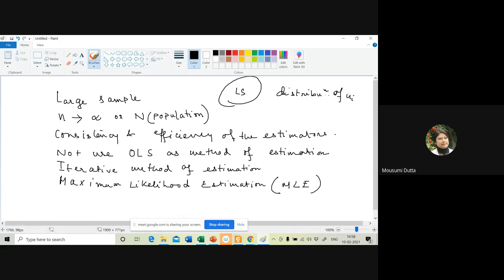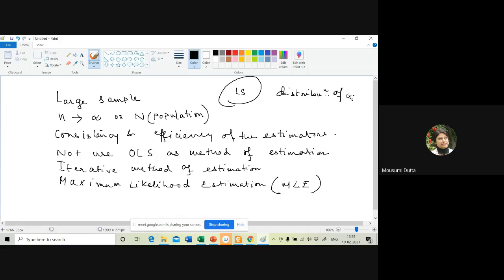So the most important point in this case is, to begin with, we need the information on the distribution of the error term. In our regression model, it is not at all a problem because we already discussed the distribution of the error term. We know that the error is distributed normally, with expectation of u_i equal to 0 and variance of u_i equal to sigma square I_n. So considering this distribution of the error term, we need to know how, using the maximum likelihood estimation technique, we can derive the values of the parameters in the model.